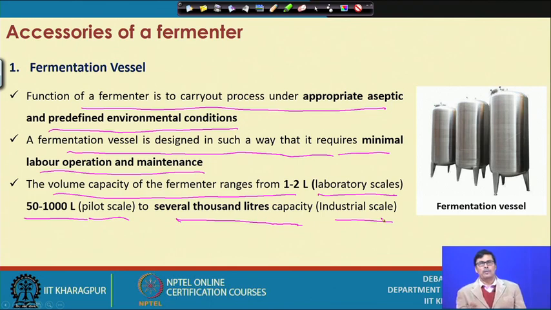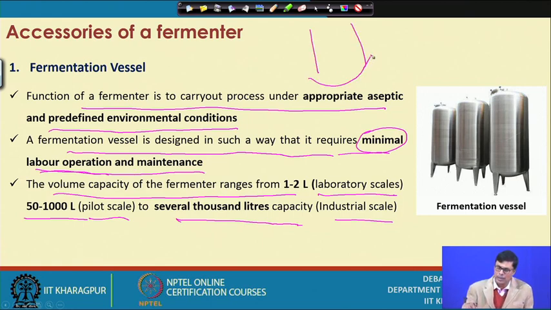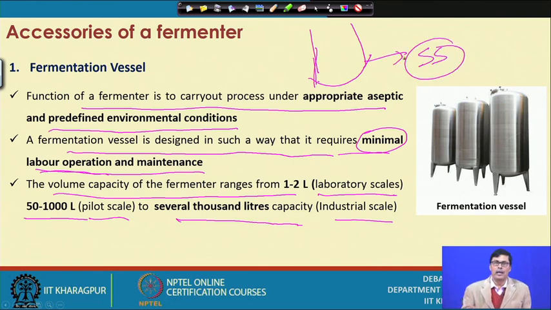So, different capacities are required, and the main thing that we should consider is minimal labor of operation and maintenance. Particularly, I want to point out that the material of construction should be such that there is no kind of damage to the surface of the material, and most of it is made of stainless steel, and different types of stainless steel, as you know, are available in the market.